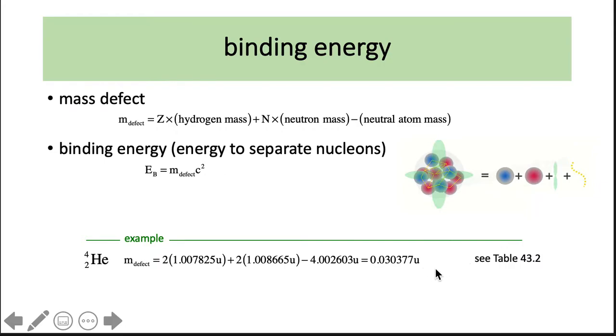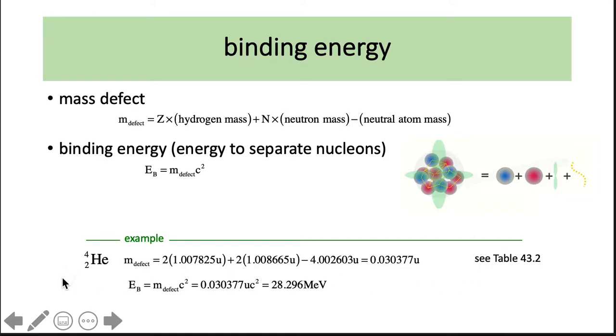That's in mass units. You multiply by c squared to get energy units. Here you could do that shortcut again: 0.030377 U c squared, and you can convert that to MeV using the conversion factor from the last slide, and that's 28.296 MeV. So that's the binding energy of helium.